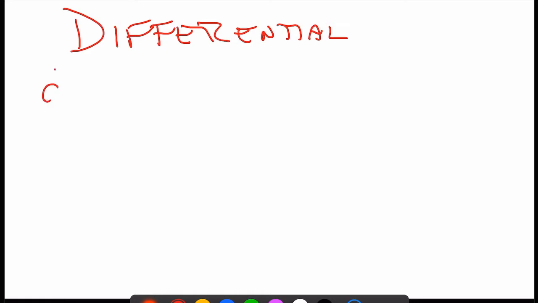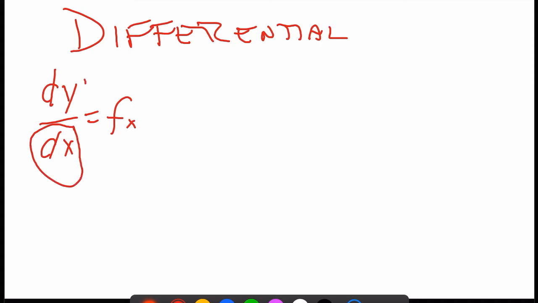The other thing is we tend to look at that as just a thing, right? We say, oh, that's just f prime of x. But it is actually possible to look at this as a fraction of two what we call differentials. So the derivative is the ratio of these two differentials.